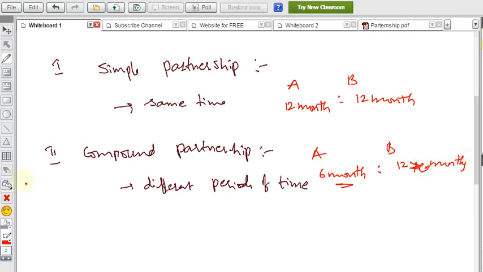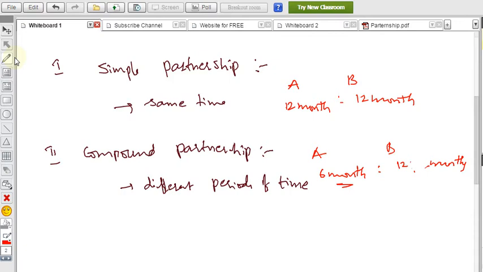The different periods of time, that is a compound partnership. If all the partners invest for the same time, that's a simple partnership. When we go through the problems, you'll understand this topic more clearly.